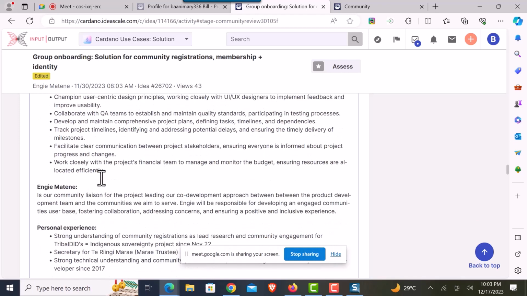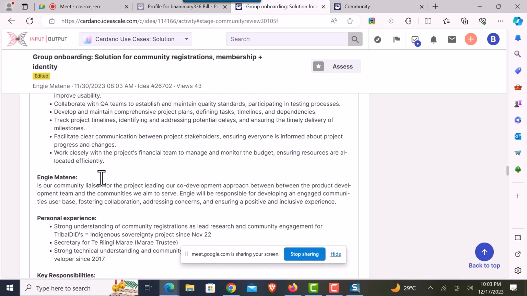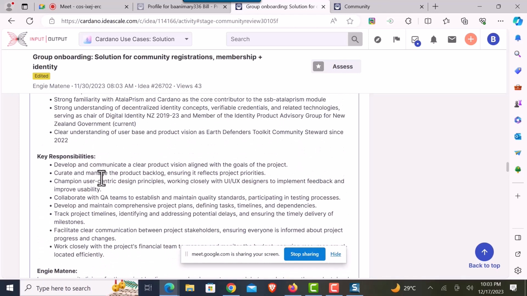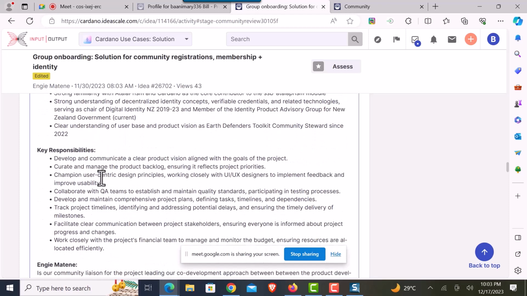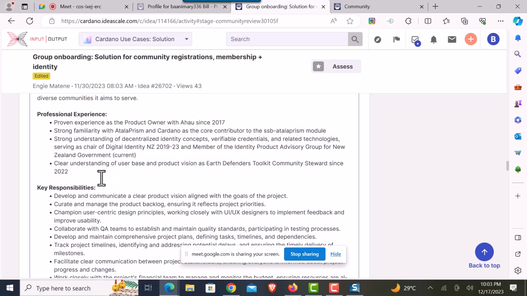And what you should also look out for under the team is it shouldn't be a one-man team. It should be at least 2 and above, because you can be one and maybe you can successfully implement a project, but you need helping hands. You can't do it all alone.